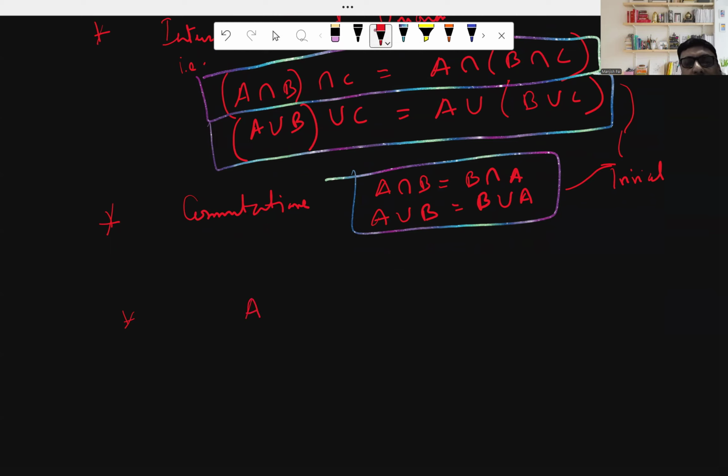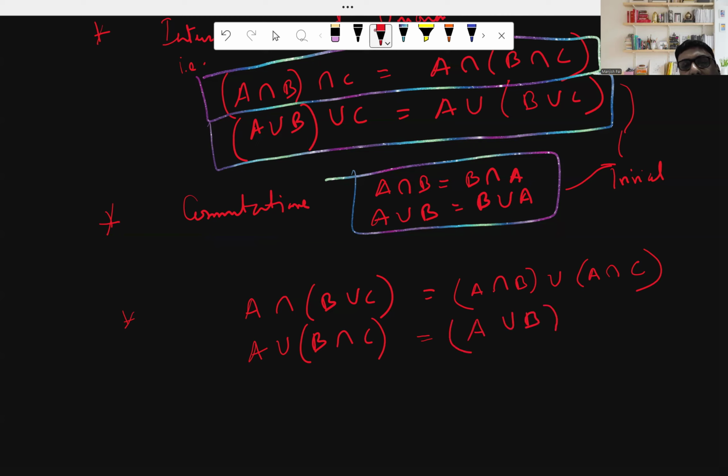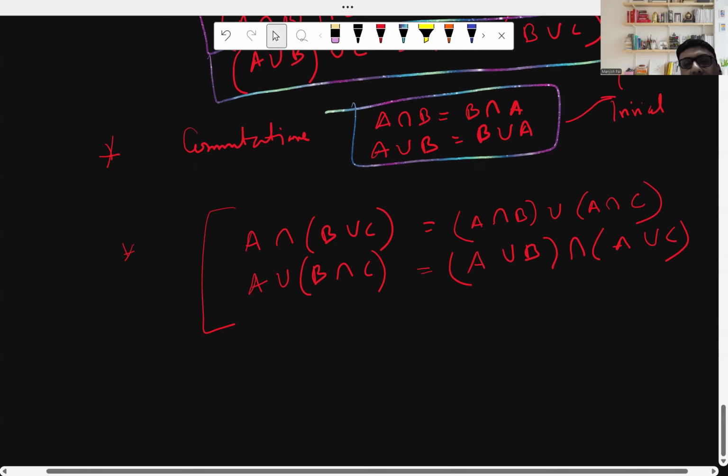So if I try to perform A intersection B union C, this is the same as A intersection B union A intersection C. And if I want to do A union B intersection C, this is the same as A union B intersection A union C. And these sorts of properties are what are called distributive properties.